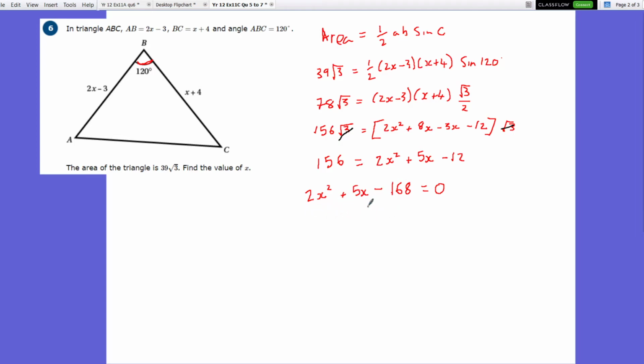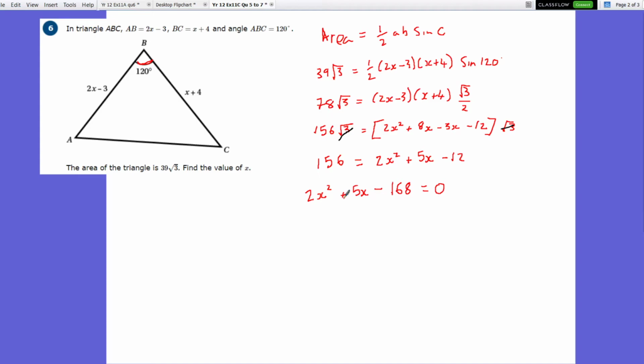Now, what I can do here is simply put this into my calculator, and it solves quadratics for you. You could also use the quadratic equation, or you could try to factorize it, whichever is easy for you.